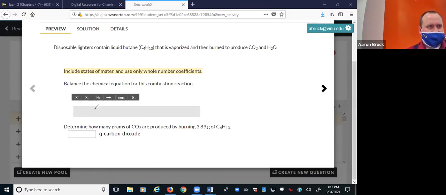So this is a combustion reaction. So I've got butane, C4H10, reacting with oxygen, because that's what happens in a combustion reaction, is we have something burning in oxygen. And it's going to make carbon dioxide and water.